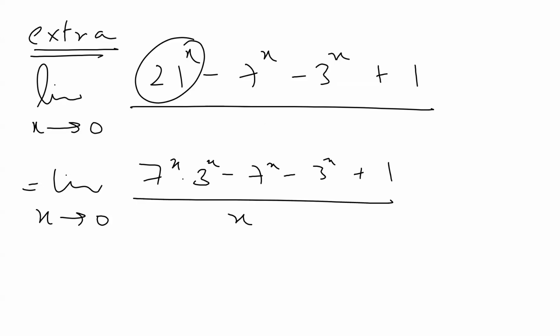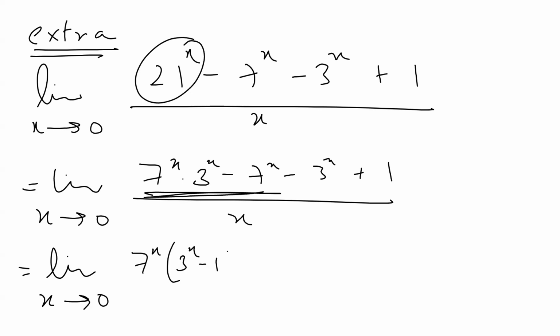This is not in the worksheet. I forgot to include this category. So by indices, I'm just writing this. What is the common term between the first two terms? 7 raised to x. Clear?